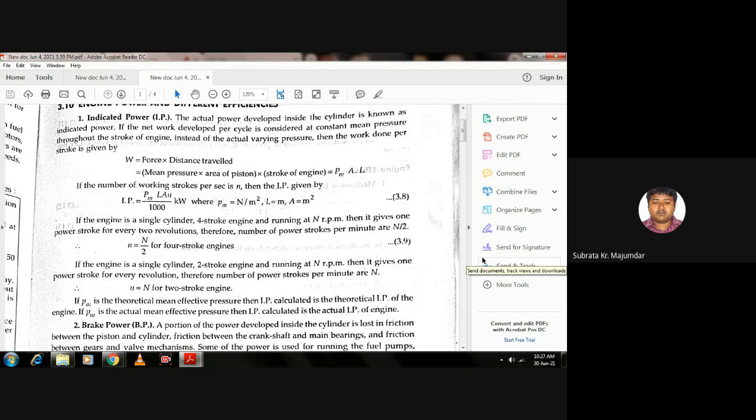What is the meaning of this? Whenever we study a 4-stroke engine and a 2-stroke engine, the combustion is much more uniform in the 4-stroke engine as compared to the 2-stroke engine. What is the reason behind this? Whenever we run a 4-stroke engine, there are 4 strokes and one power stroke for every 2 revolutions of the crankshaft.